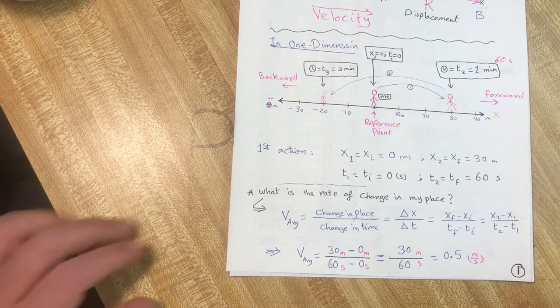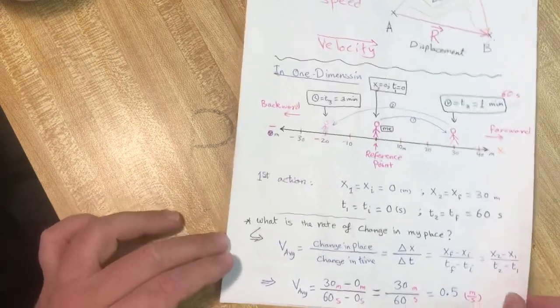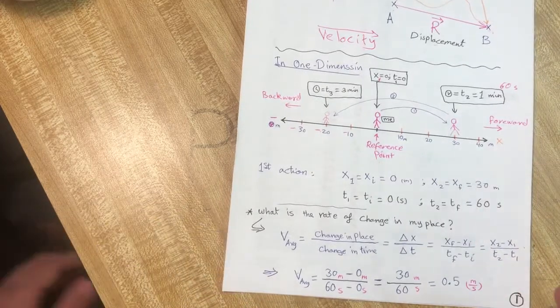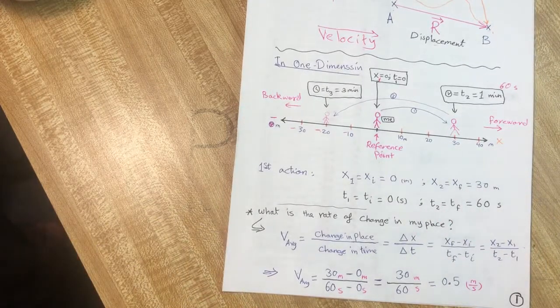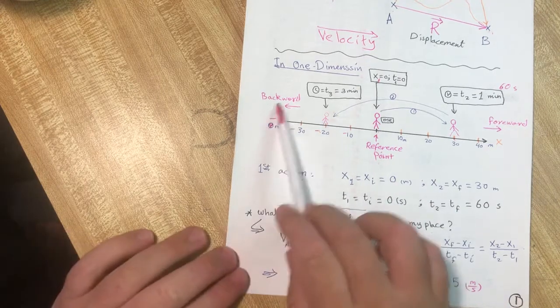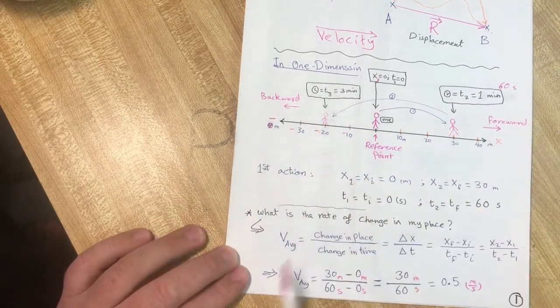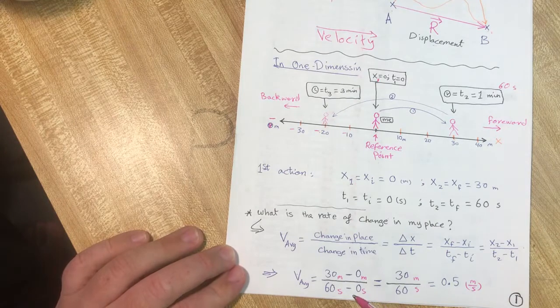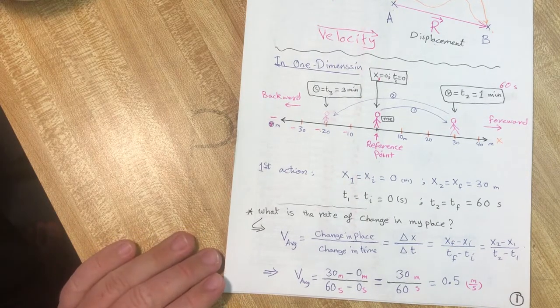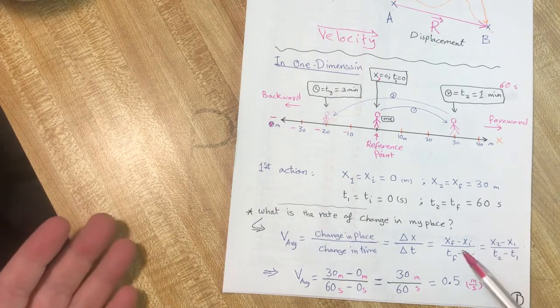Look at this now. We have steps. We start to understand the physical concepts in physics. We draw our graph or scheme. We understand all of our problem.